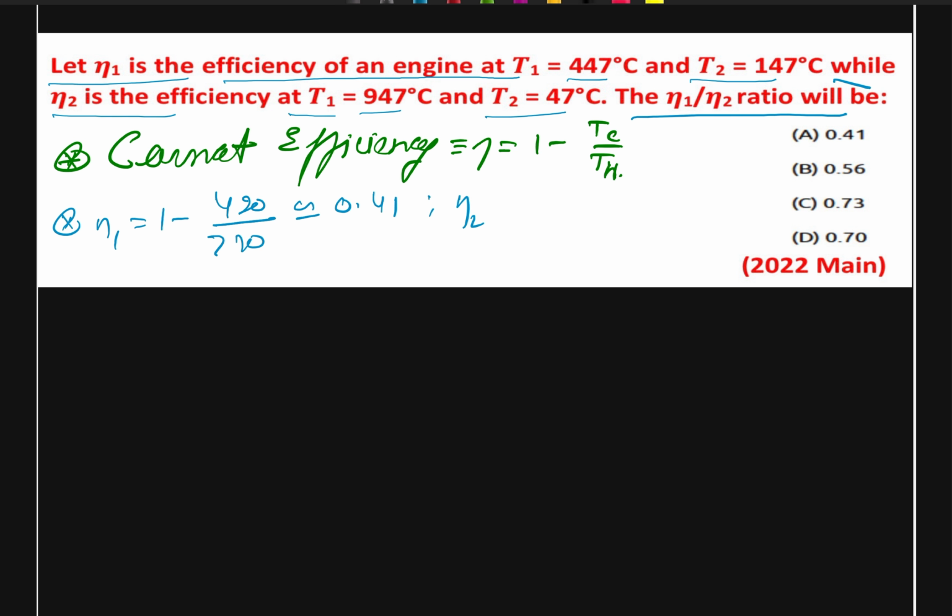Similarly, nu2 will be equal to 1 minus cold and hot, 320 and 947, that will be 1220, approximately equal to 0.73.